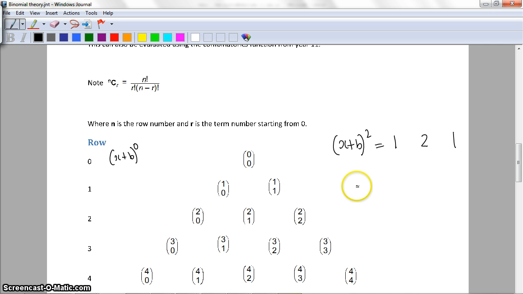So in this case n will be 2, and r will be, depending on the term, this one will be the 0 term, this one will be the first term, this one will be the second term.